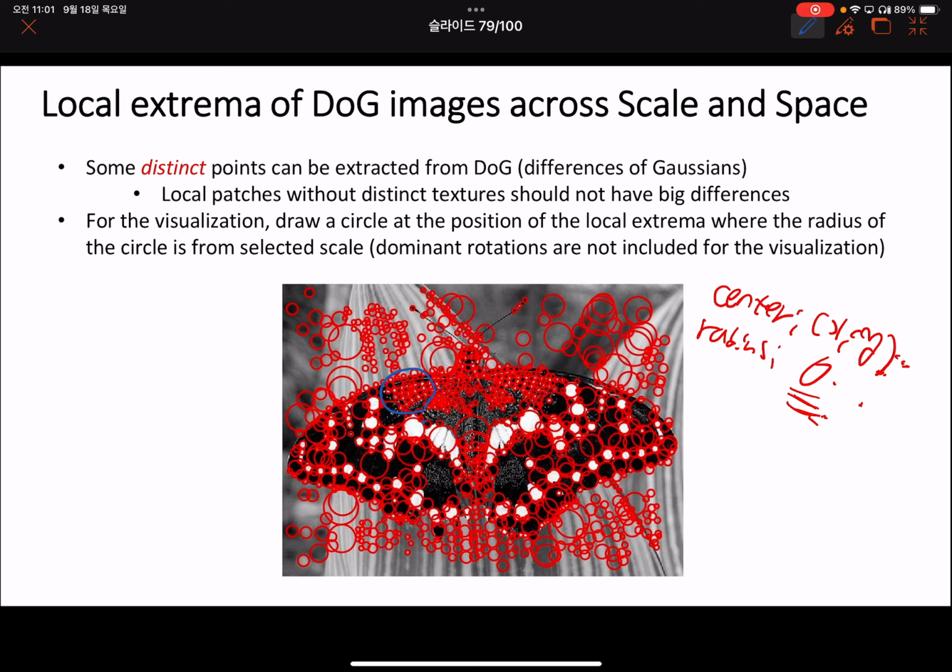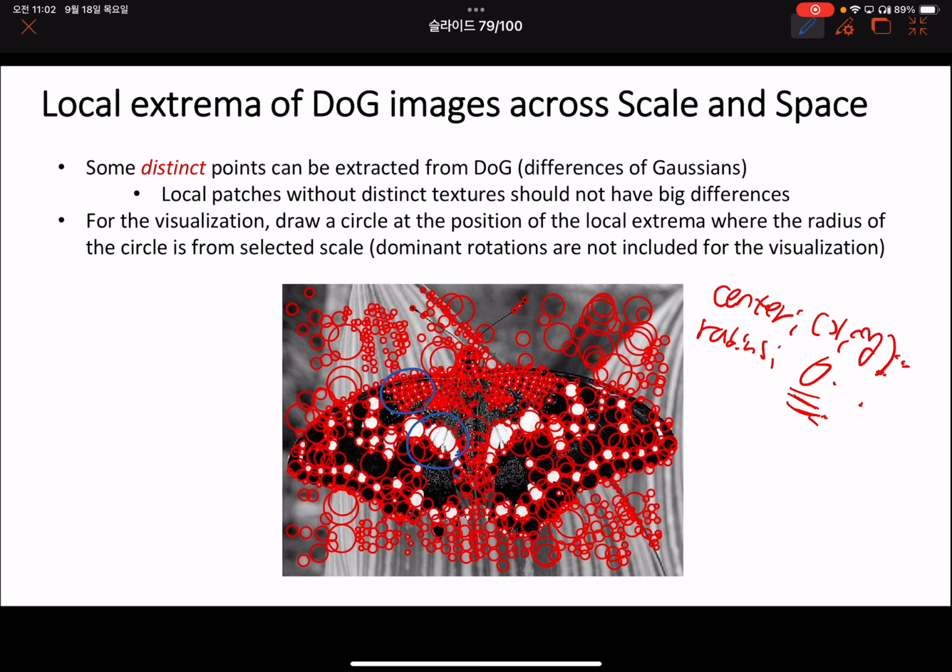And if the texture and pattern is very big and coarse scale, then the size of the circle is big. So this means that SIFT can somehow automatically detect the scale of local features. Of course, it's not perfect, but this gives enough information to find some good correspondence between images from multiple viewpoints, and it is only based on RGB pixels. It's really surprising.